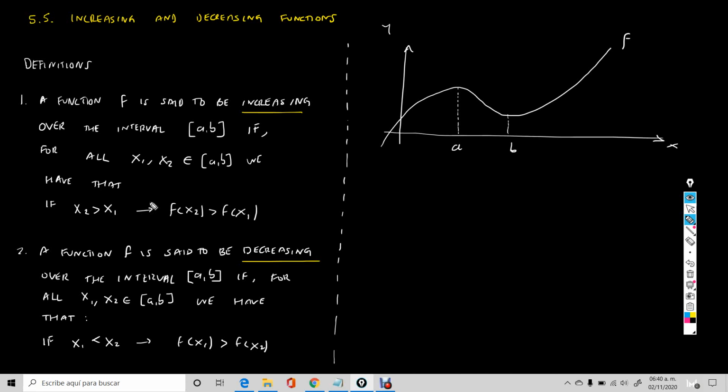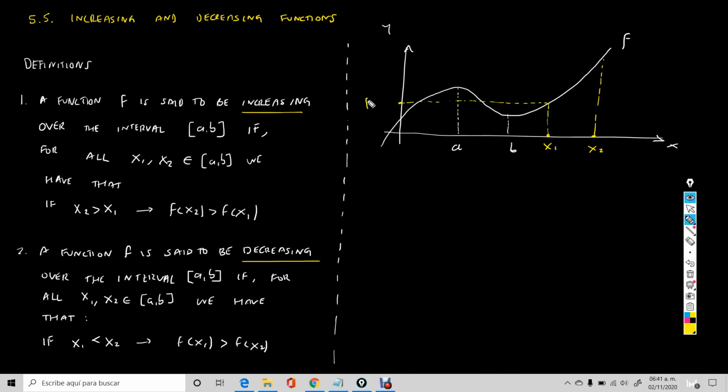And what does this mean? It means the following. For example, if you choose an increasing interval from here, for example this one, what you can find is this. If you choose any two points in here over this interval, and you label them x1 and x2 or whatever other thing, it doesn't matter, and then you locate their corresponding values of the function, which would be obtained in this way.